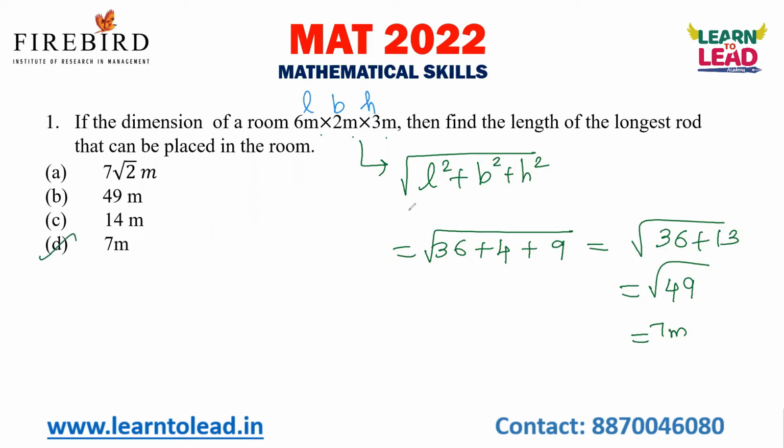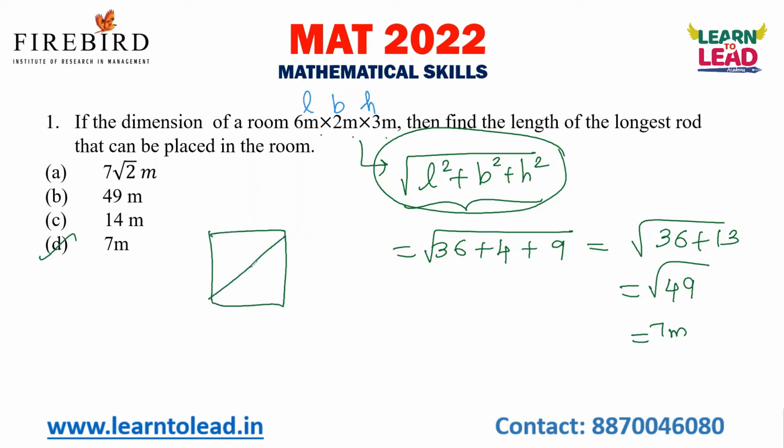Right? So to find the longest rod, when they give you 3 dimensions like length, breadth and height, you have to use this formula. It is just similar to finding the diagonal of a square. We know that a square is a 2-dimensional object, so a square has only its length and breadth.